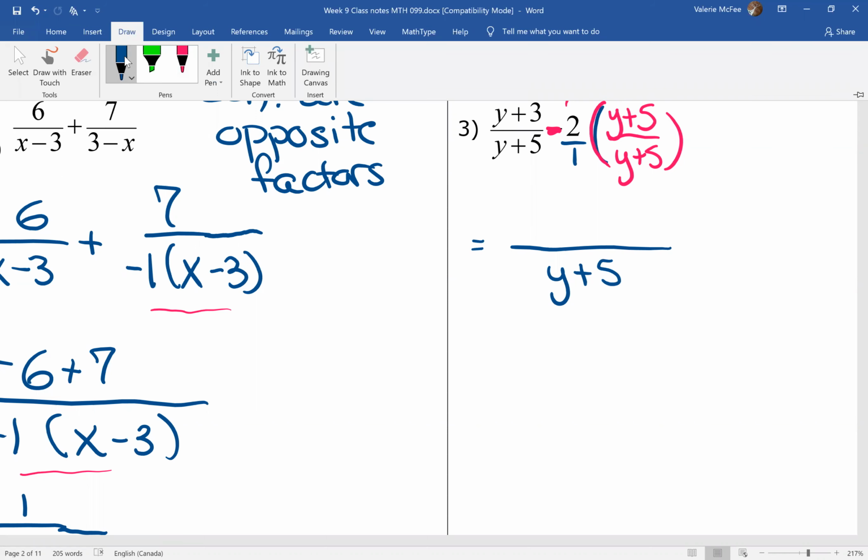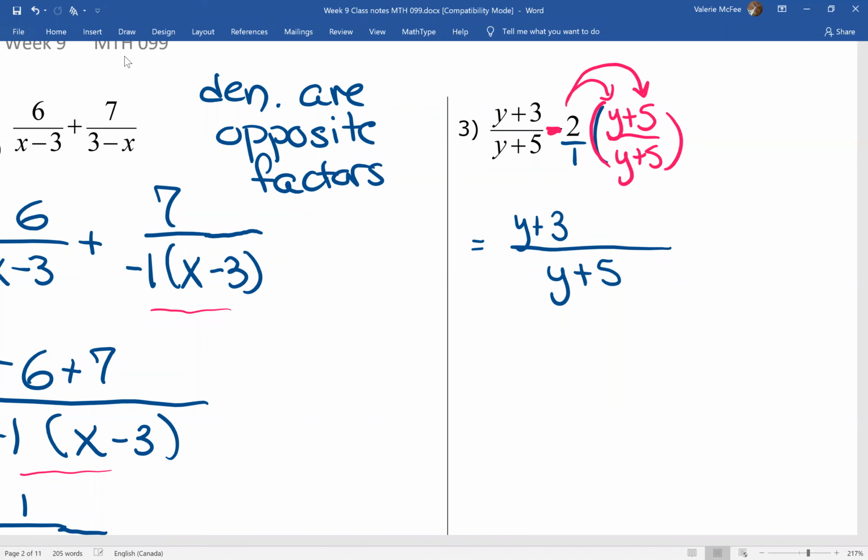In the first expression, I have y plus 3 over y plus 5. And then opening the brackets, minus 2y minus 10. When I combine like terms, we have negative y minus 7 all over y plus 5.